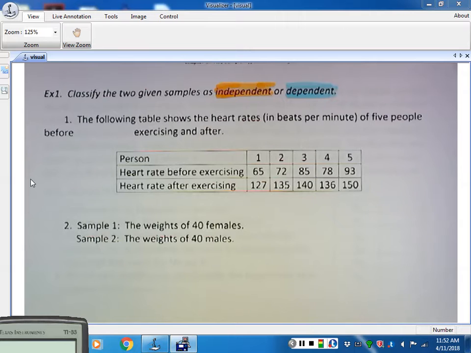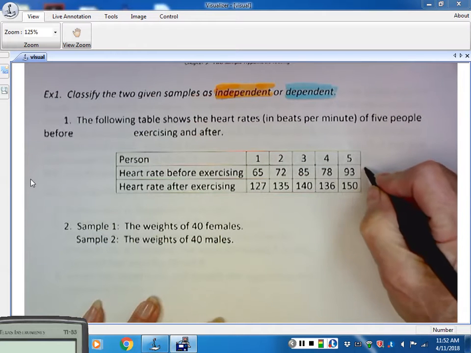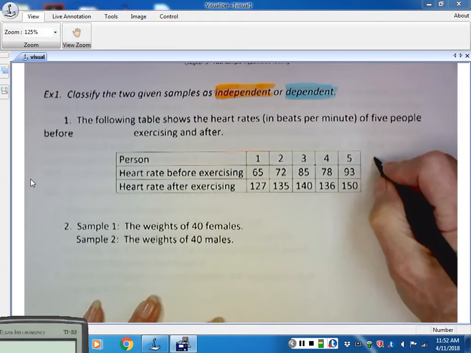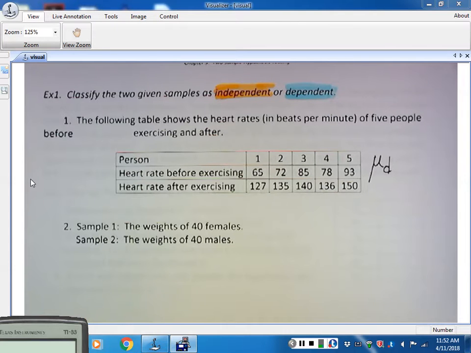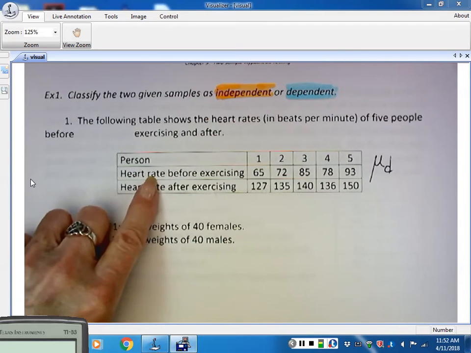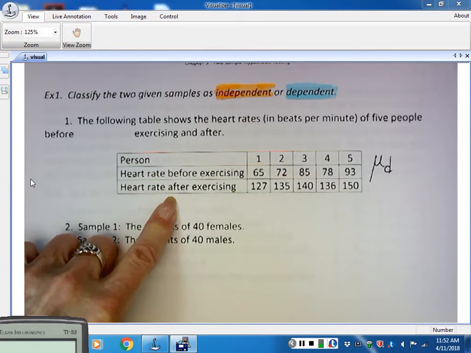Since it's the same person, what we're actually going to be looking at is the mean of the differences. And that's why we use the notation μD. Because what we're actually going to do, what do you think happens to a person's heart rate before they exercise and after they exercise? You think it goes up.